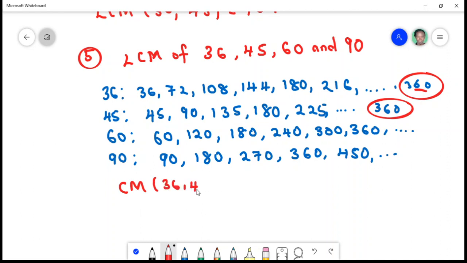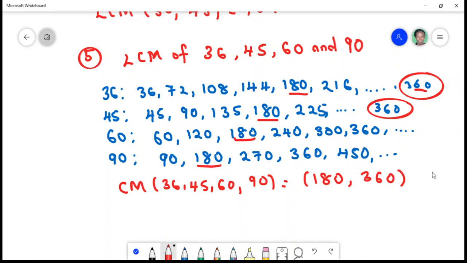For the common multiples of 36, 45, 60, and 90, there is 180 here, 180, 180, and 180 here. So you would have had 180, then 360. You may get other multiples as well.